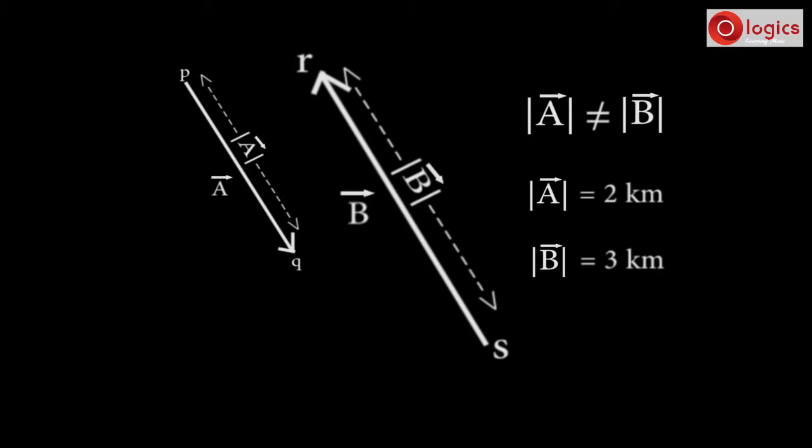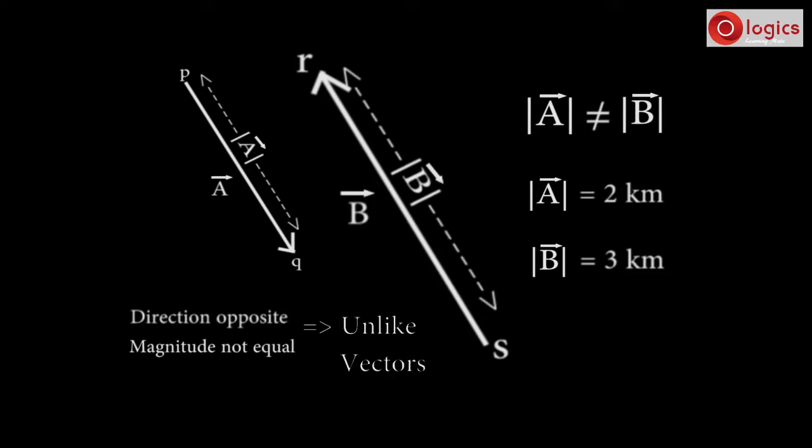But both vectors are in opposite direction to each other. Now, we can say A bar and B bar are unlike vectors. Two vectors having opposite directions and different magnitudes are said to be unlike vectors or antiparallel vectors.